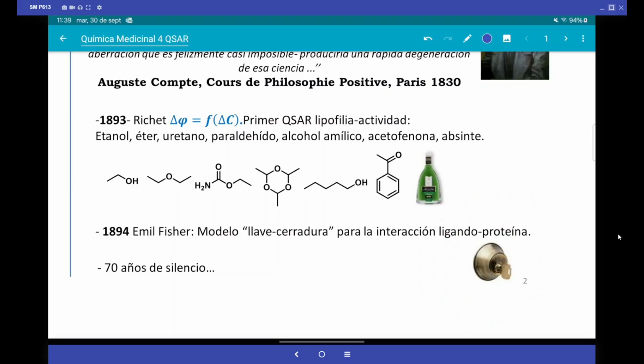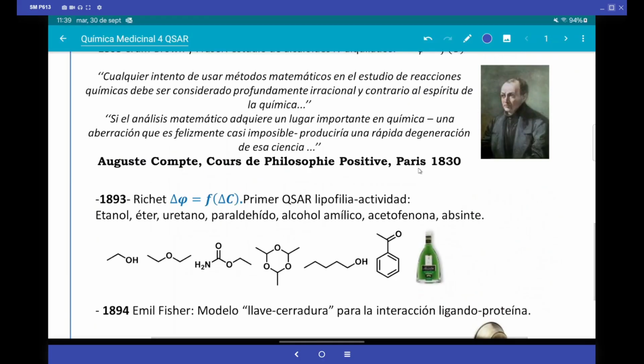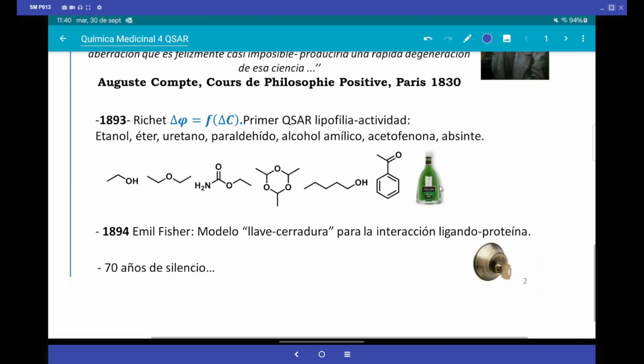Well, since Comte opposed this, and this came from Paris, France, this philosophical idea, you know that Paris, France, is a niche of philosophies that seek to impregnate the whole world and many times nefarious. And here, we have 70 years in which absolutely nothing happened, because it is irrational to mix chemistry with mathematics.